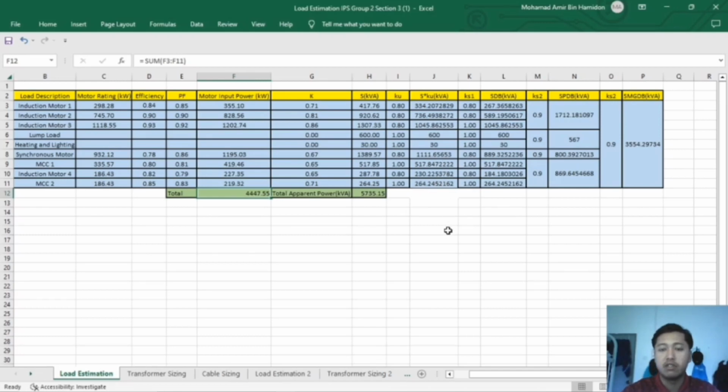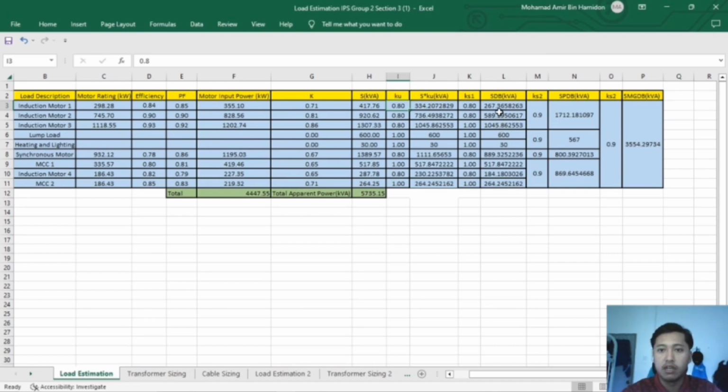The next step is to calculate the apparent power using the diversity and utilization factor. Here Ku is the utilization factor and Ks is the diversity factor. To find the apparent power with the utilization factor, we multiply the apparent power that we got before by the utilization factor 0.80, and we get the new apparent power.